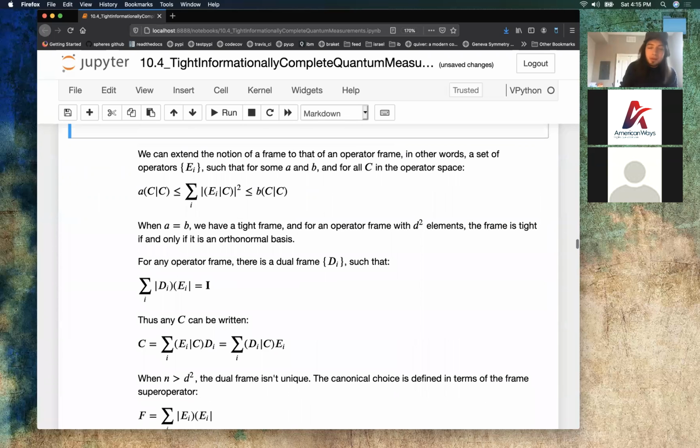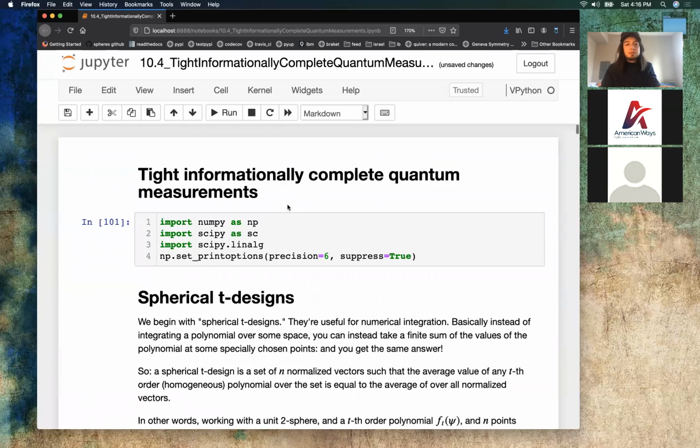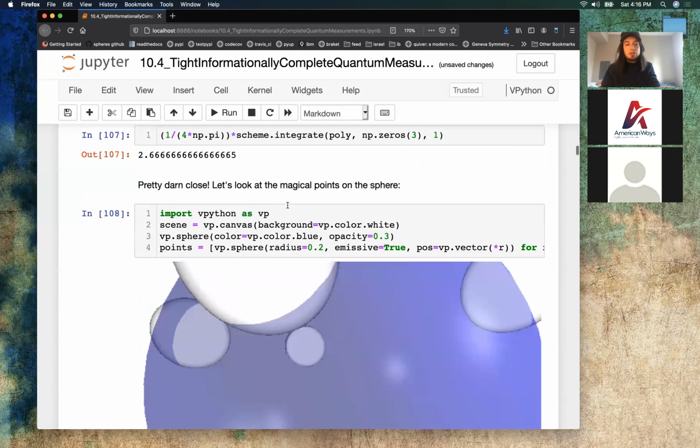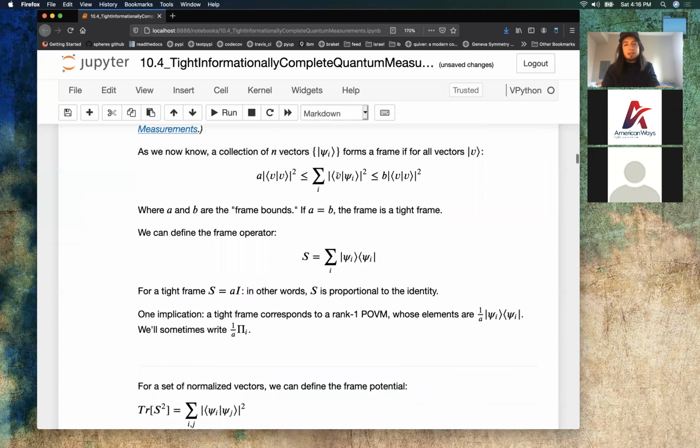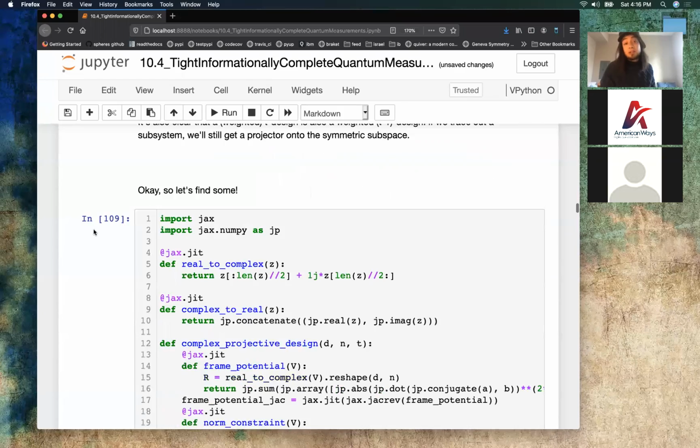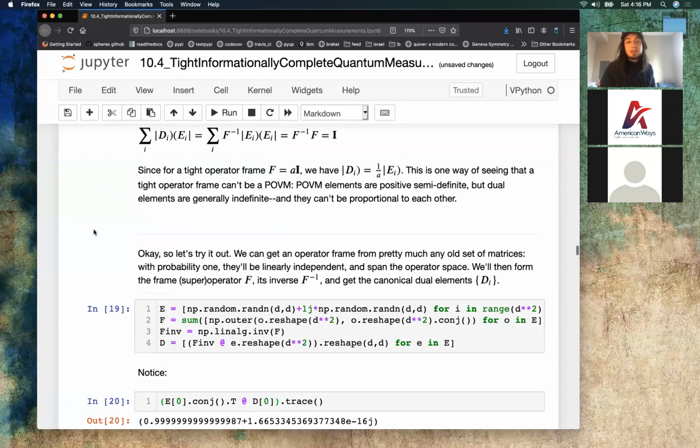Anyway, so we can just generalize our notion of a vector frame to that of an operator frame. So this is just the same inequality that we saw way up here. Okay, this guy. But we're going to be thinking about basically vectorized operators instead of just vectors.